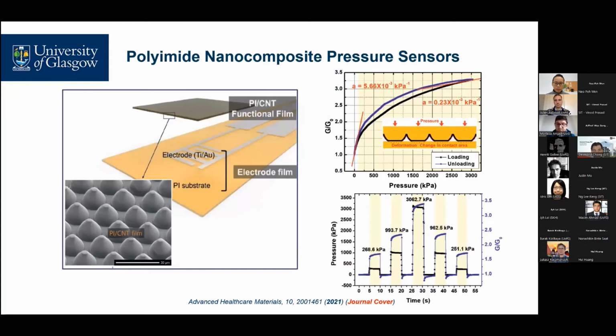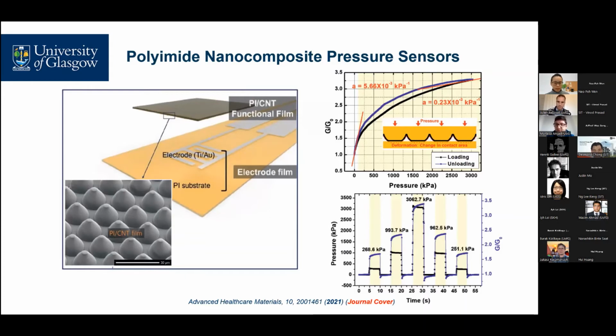On pressure sensors, in this example, we used a carbon nanotube polyimide nanocomposite microdome structure to develop high performance pressure sensors. As you see in the top right figure, when we apply pressure to this structure, because of the deformation of this nanocomposite, we get more current passing through the composite material.